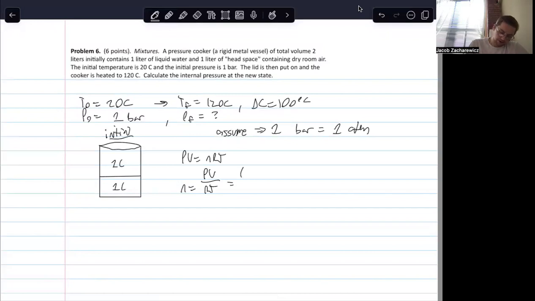We plug in our values. We have a pressure of 1 atmosphere, and we have 1 liter of air. We're going to divide that by the gas constant in liters ATM per mole K, which is 0.08206 liters ATM over mole K, and multiply that by 293 Kelvin.